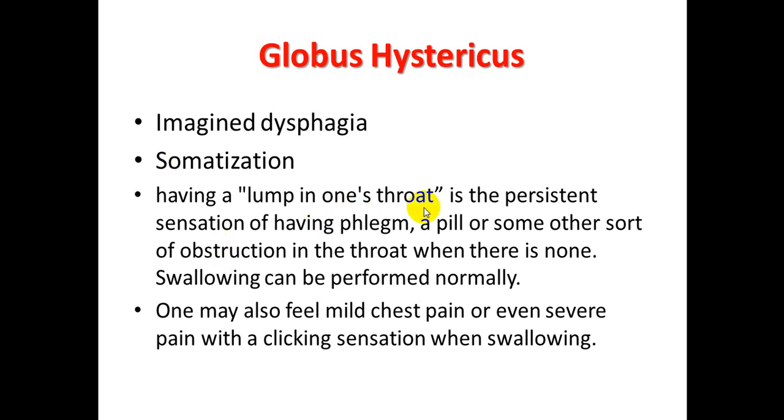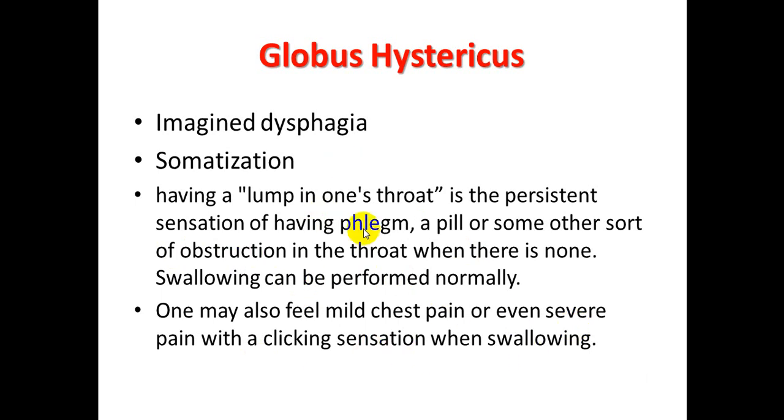Feeling a lump in one's throat, this persistent sensation of having phlegm, a pill, or some other sort of obstruction in the throat when there is none. Swallowing can be performed normally. All the investigations should be normal. One may also feel mild chest pain or even severe pain with a clicking sensation when swallowing.